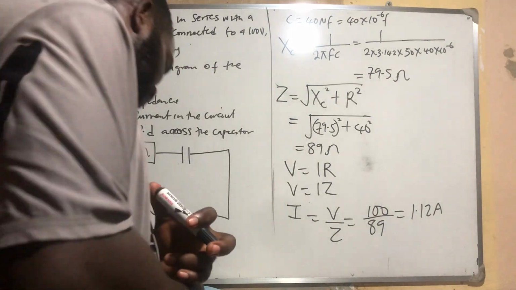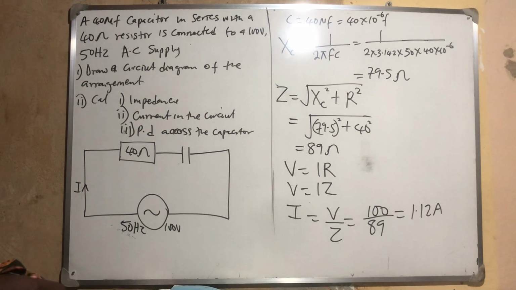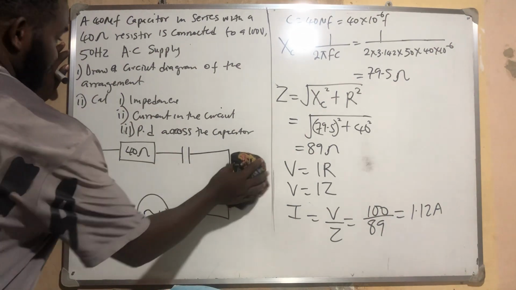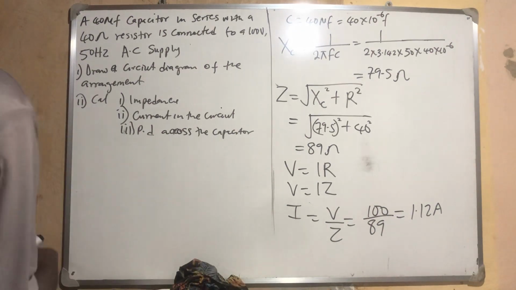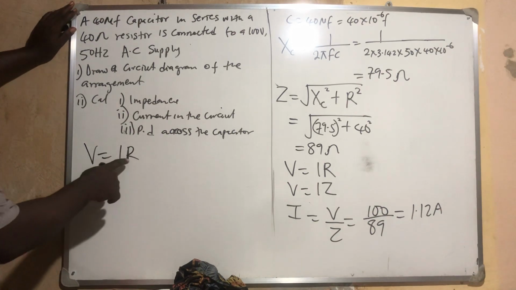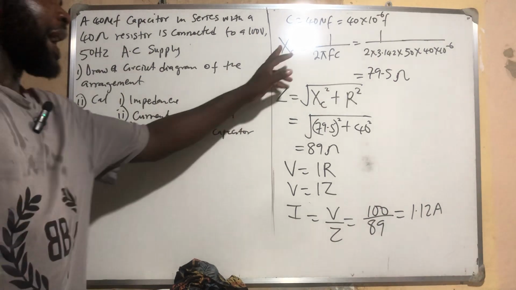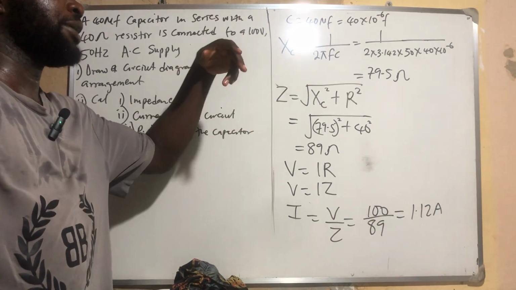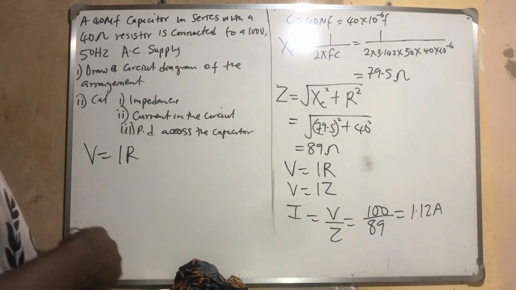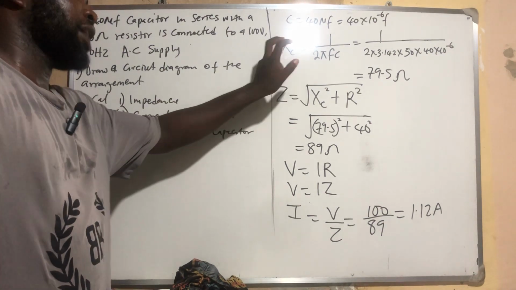The next thing they ask us to calculate is the potential difference across the capacitor. I know that V is equal to IR, but the R I'm going to use here is no longer R. It's the reactance for the capacitor, that is XC.